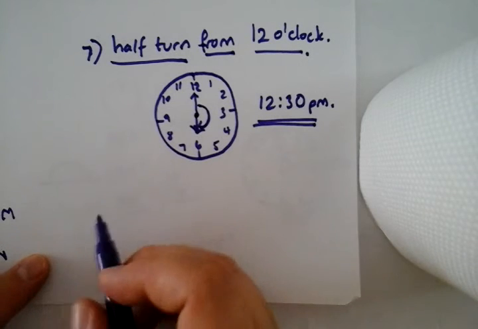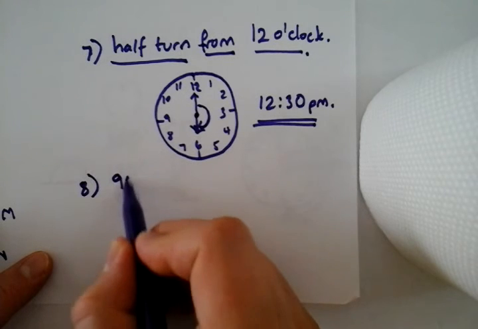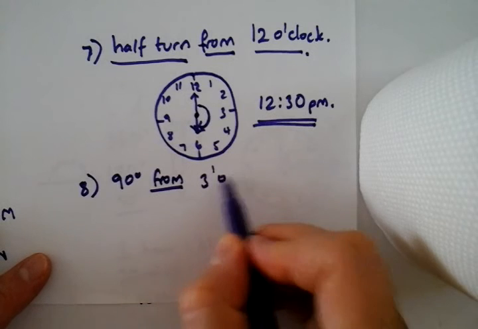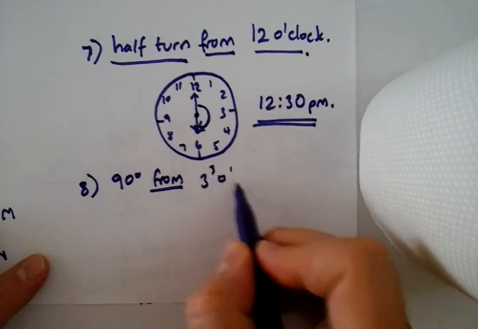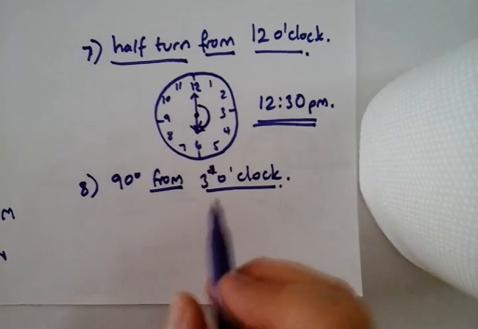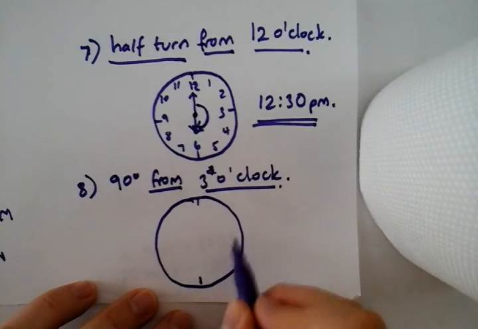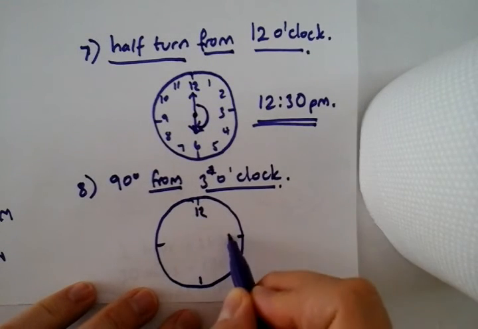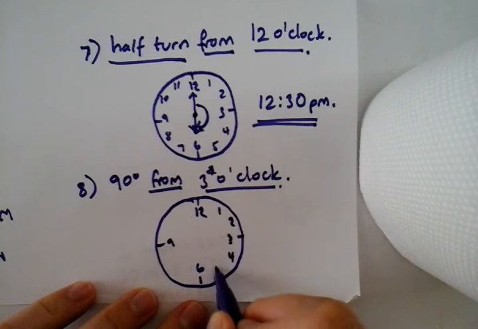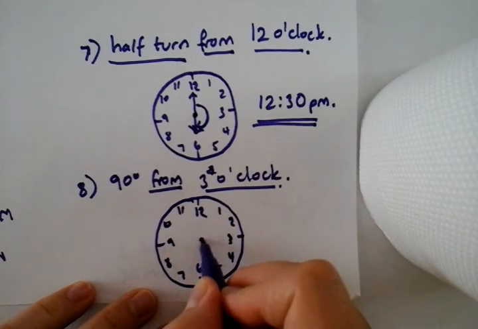I'm going to do number 8 as well. Number 8 says 90 degrees from 3 o'clock. So if I draw another clock again, 12, 3, 6, 9, 1, 2, 4, 5, 8, 10, 11, dot in the middle.